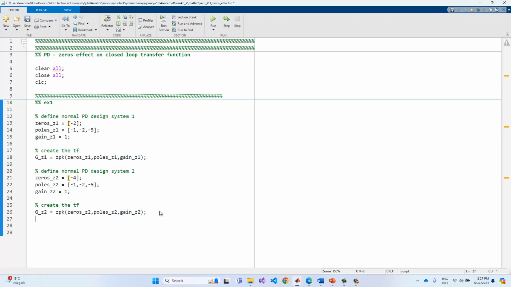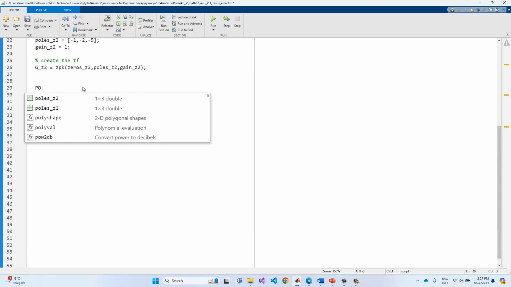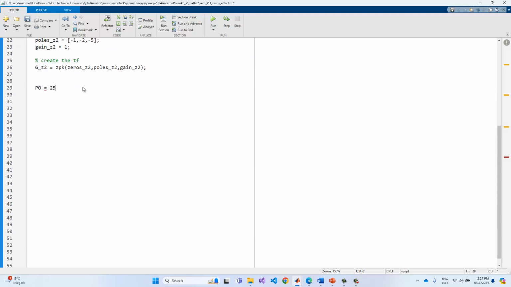Okay, after that, as always we do for example, the percentage overshoot can be selected as 25 divided by 100. Okay, and so it means that we only permit for this system 25 values for the overshoot.